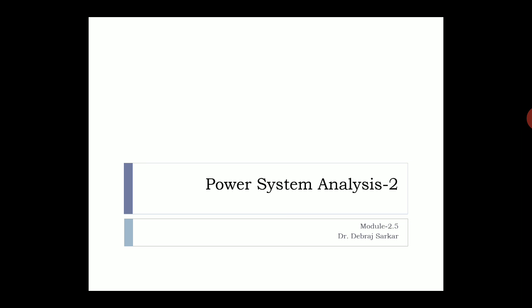Maintaining voltage is an important factor in power system control, because when we have a voltage profile for every household as 230 volts single phase, we cannot expect the voltage to drop to 200 or rise to 300 volts. There should be a certain amount of constant voltage in order for our appliances to work properly. So voltage control is very important, and we will be looking at ways of how the voltage is controlled. Okay, so let us get into the topic.